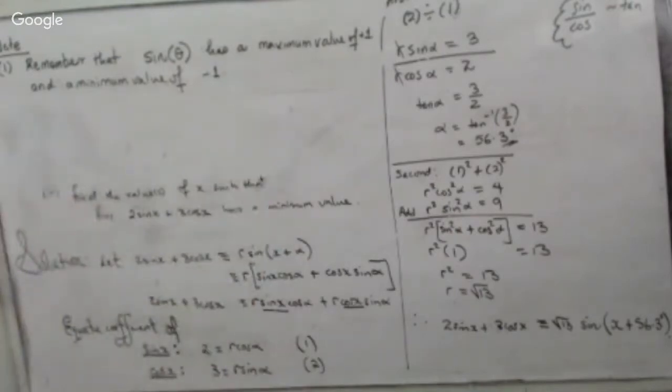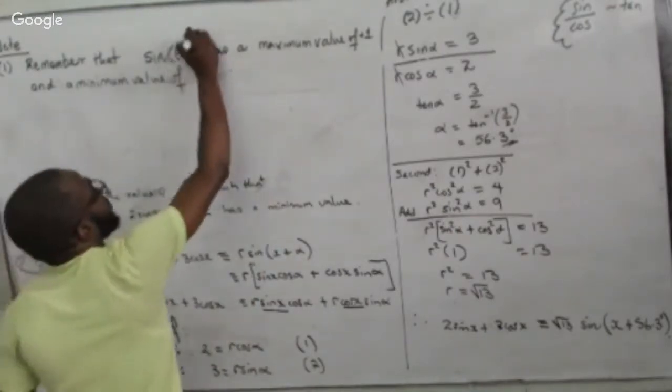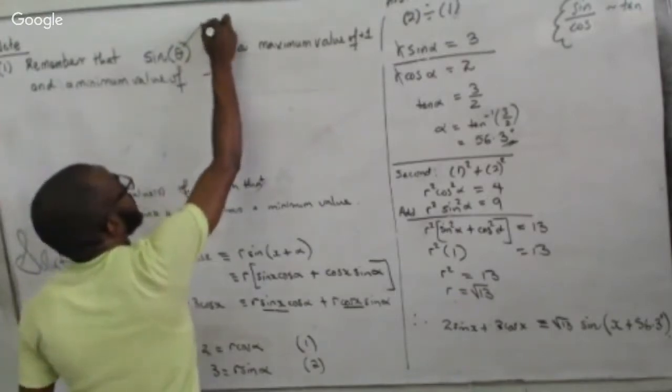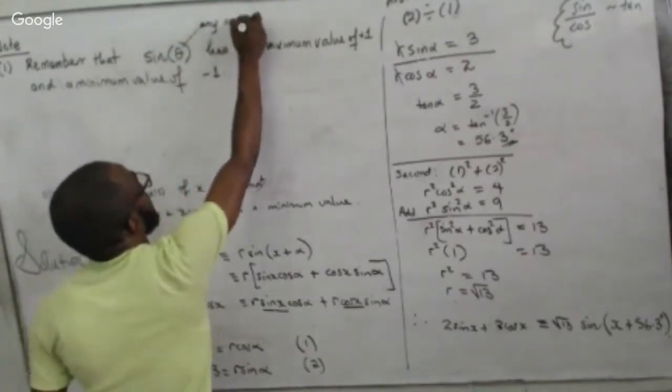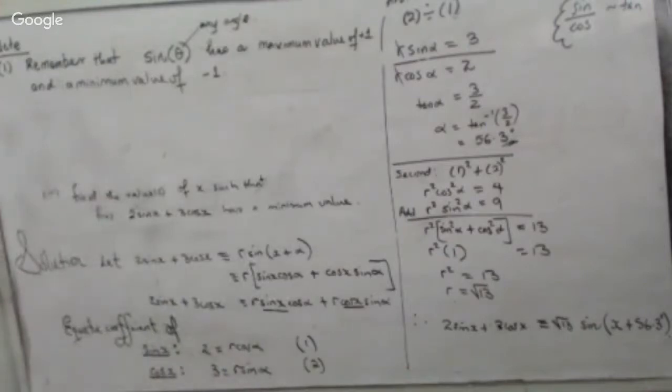Is that true? Remember that sine of any angle has a maximum value of 1 and a minimum value of -1. Isn't that so? If you remember the graph.